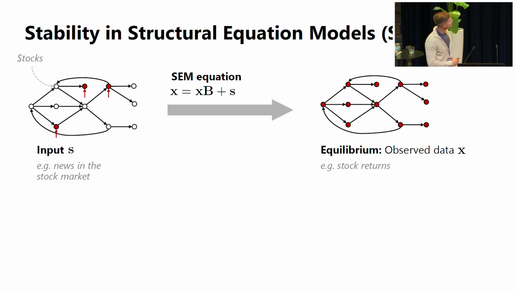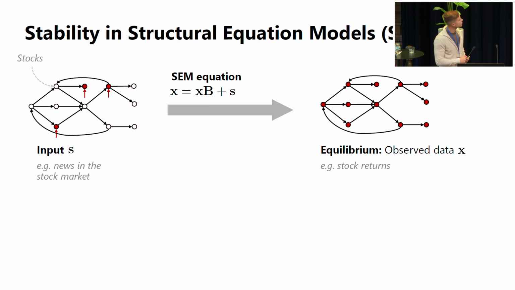Then, via the SEM equation, the observed data X are generated with the following rule. For each node, the value is computed as a linear combination of its parents plus noise, which makes more sense when we have acyclic graphs, but it's a bit counterintuitive having X on both sides of the equation when we have cyclic graphs.